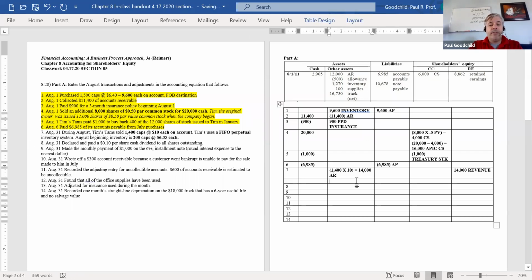So for cost of goods sold, we have 200 times 6.35, which we know from up above is 1,270, and that's going to reduce our inventory.